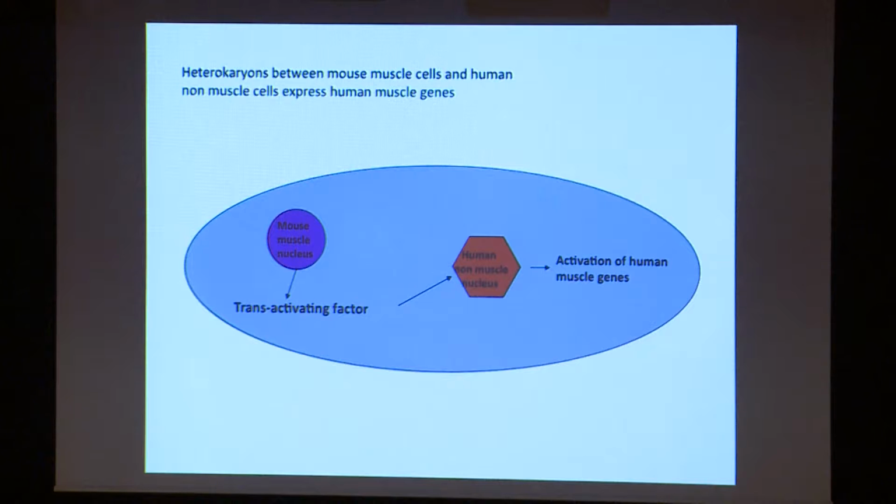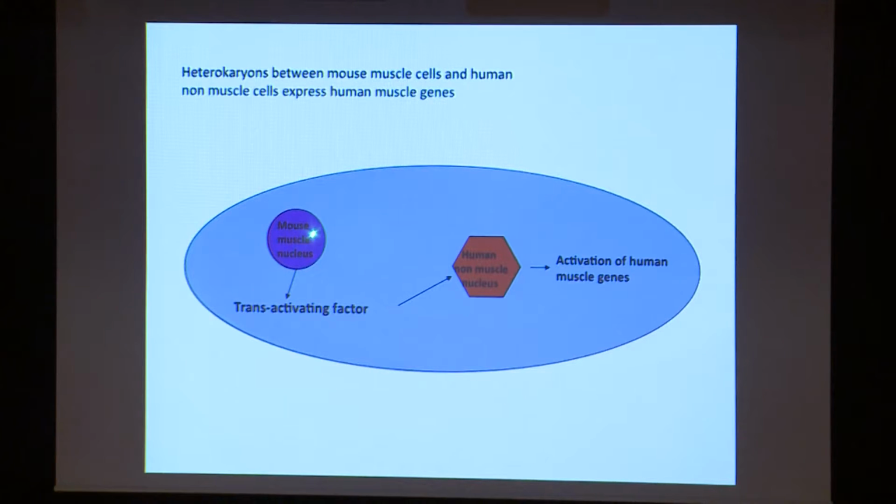So it was, I find, a beautiful experiment where the result was such that putting a mouse muscle nucleus together with a human non-muscle nucleus in one cytoplasm, or in one cell, one gets the activation of human muscle genes that one can detect with an appropriate antibody that only detects the human myosin.